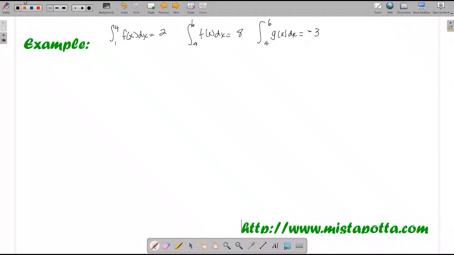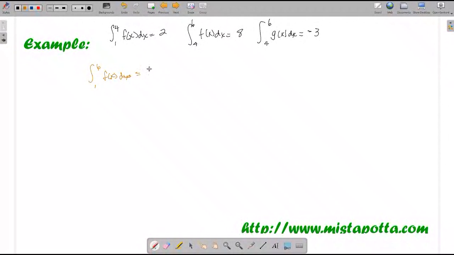So if I wanted to know what the integral from 1 to 6 of f of x dx was, what I would need to do is say, well, I know from 1 to 6 that's really from 1 to 4 plus from 4 to 6.